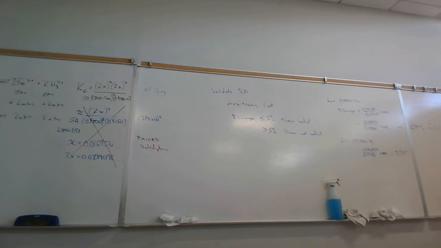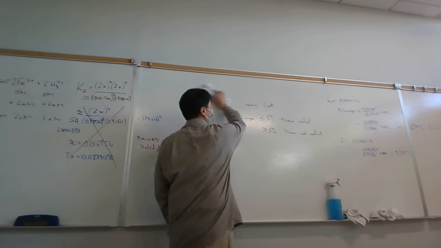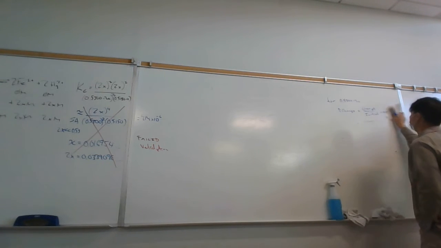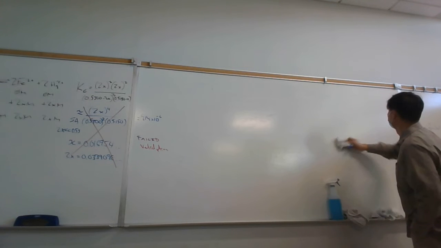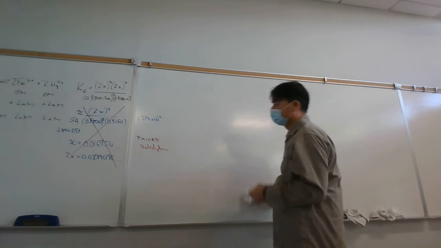So failed validation, does that mean we're out of tricks? We just have to do the algebra? It turns out that we're not out of tricks. There's one more trick that you might already have used in other problems.